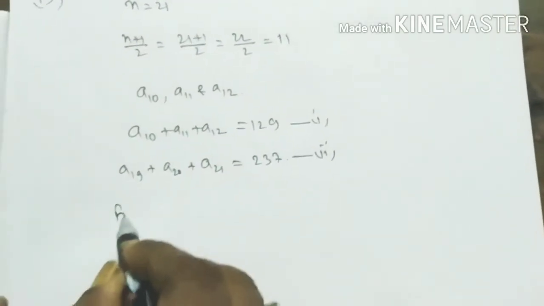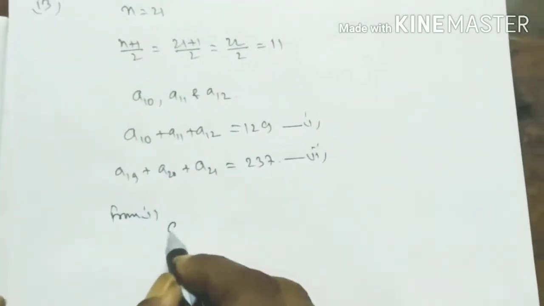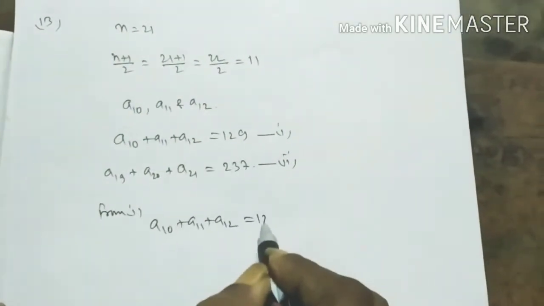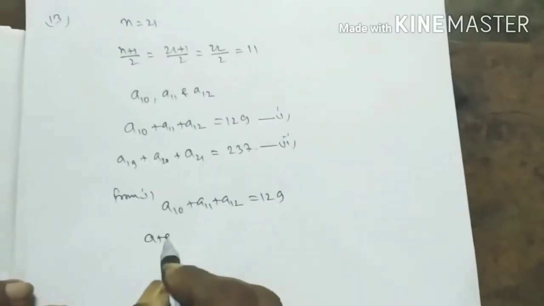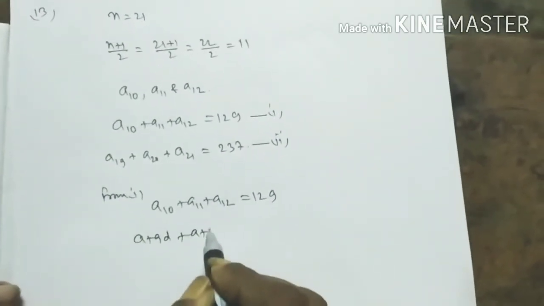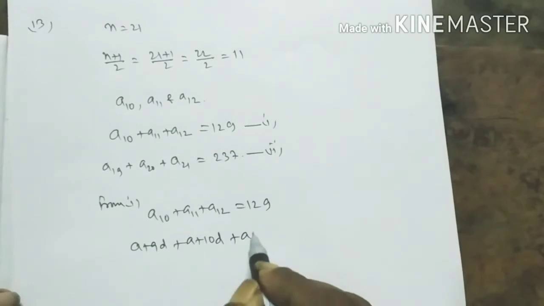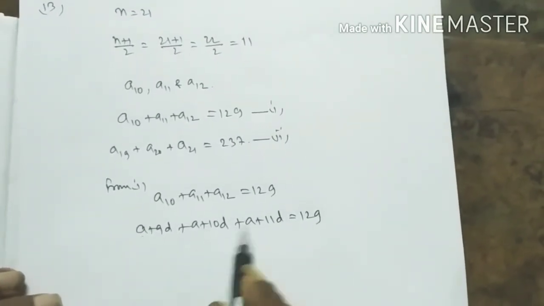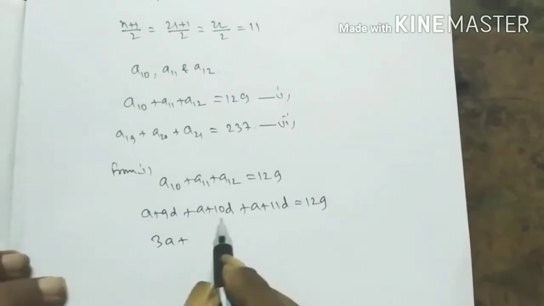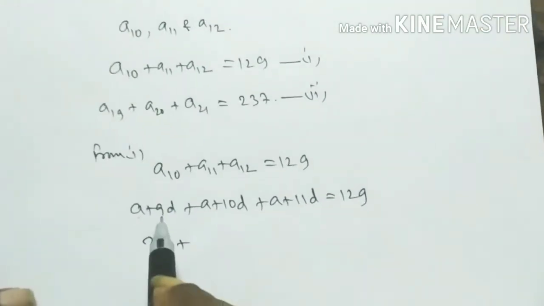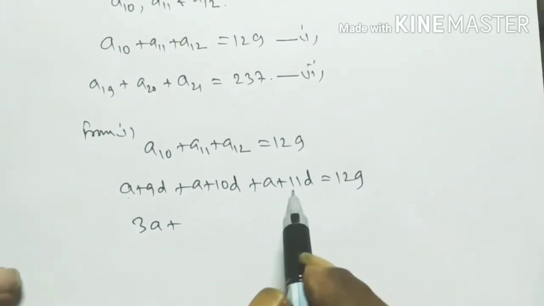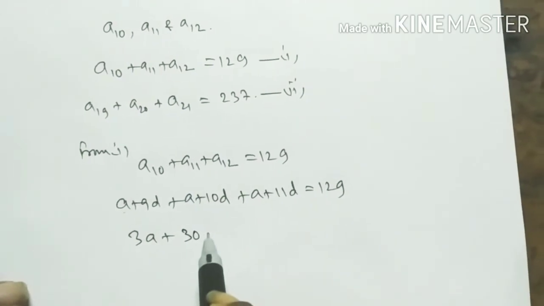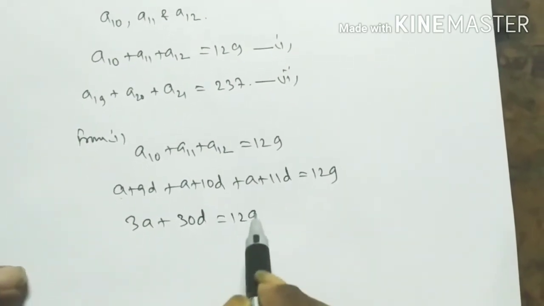Now, from 1, A10 plus A11 plus A12 is equal to 129. That is A plus 9D plus A plus 10D plus A plus 11D, equal to 129. That gives 3A, and 9 plus 10 plus 11 is 30, so 30D is equal to 129.